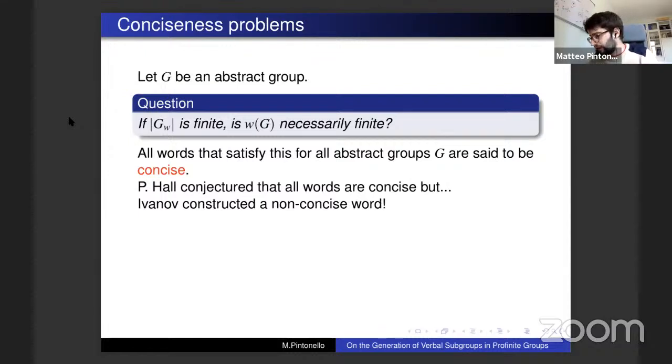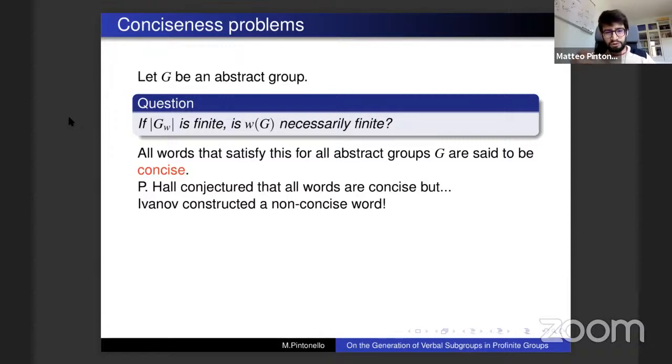He constructed a group such that a word takes a single non-trivial value, but the generated subgroup is infinite cyclic. It was a pretty complicated construction, using the construction of a free Burnside group done by Olshansky.